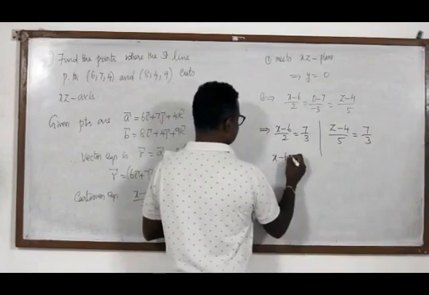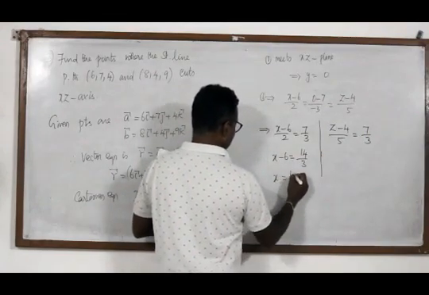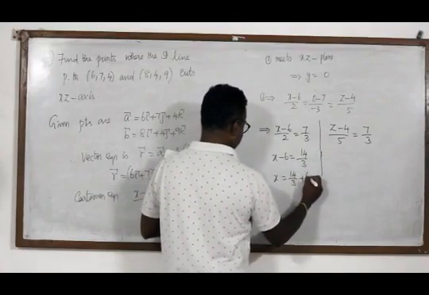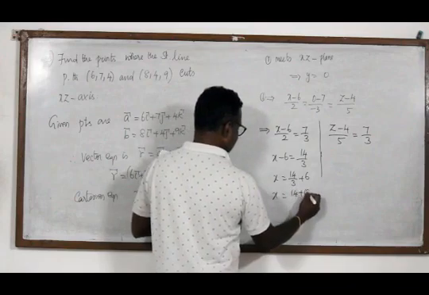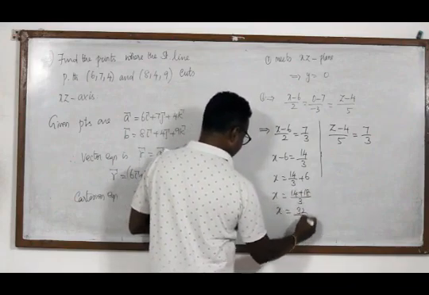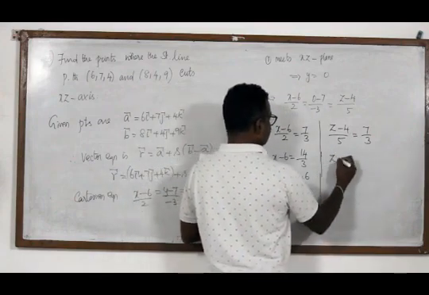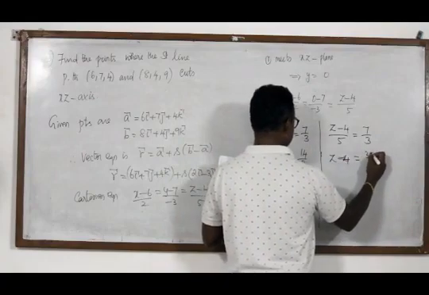Then x minus 6 equals 14 by 3, so x equals 14 by 3 plus 6, which is (14 plus 18) by 3, so x equals 32 by 3. Similarly, z minus 4 equals 35 by 3.